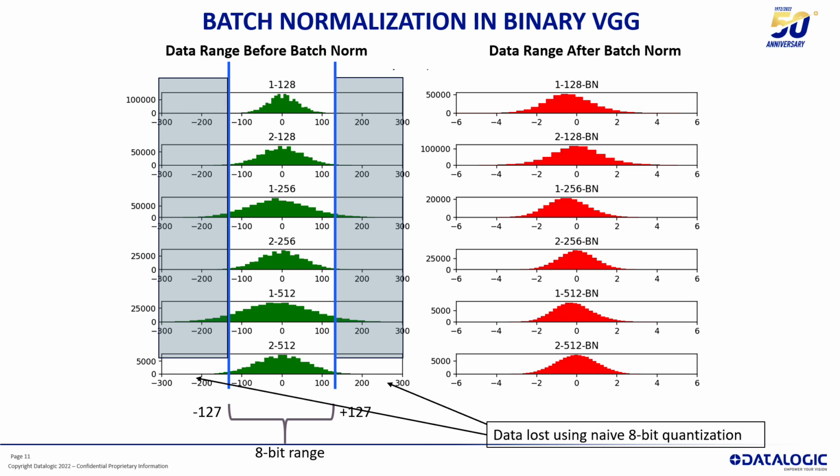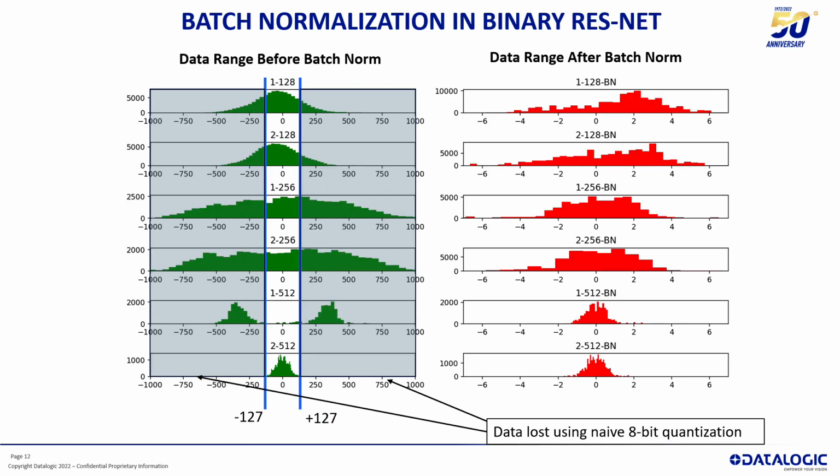On the left side of the slide, you see the output ranges of the binary layer before the batch norm in green, while in red you see the outputs after batch norm. So the outputs are much more compressed, while on the left side, if we applied naive 8-bit quantization, you're going to lose some data, not too much actually, but for residual blocks the situation is more complicated, and a lot of information is going to be wasted.